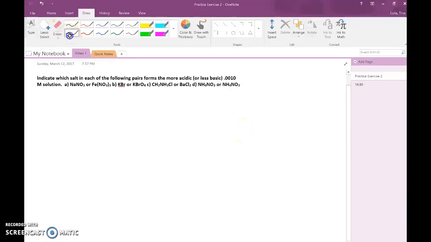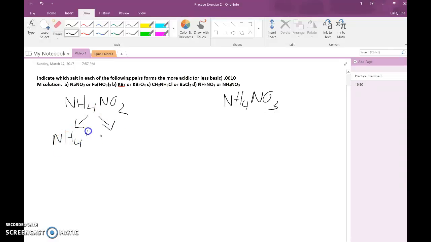Okay, so last one, NH4NO3. Sorry, NO2. NH4NO3 and breaking it up.